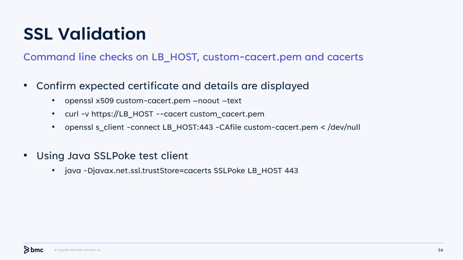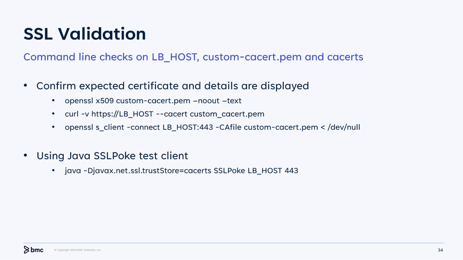So there's a number of ways that you can validate that the SSL certificate that you've received or that you've requested is what's needed. The OpenSSL command should be available on the deployment engine where you're going to be running the installers for the Helix products. So you can use that to print out the contents of the certificate. And some of the screenshots on the previous screen were where the output was captured from.